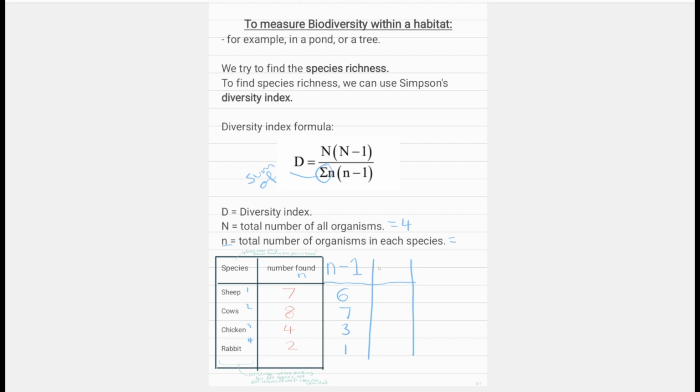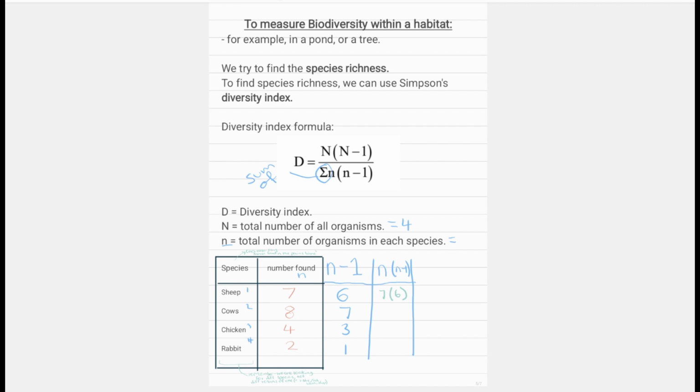Now we have n minus 1. However, we want to find the sum of, as we can see from our formula, n(n minus 1). So we need to multiply all our values in this column we just made by n. So we're going to make a new column here, n(n minus 1).